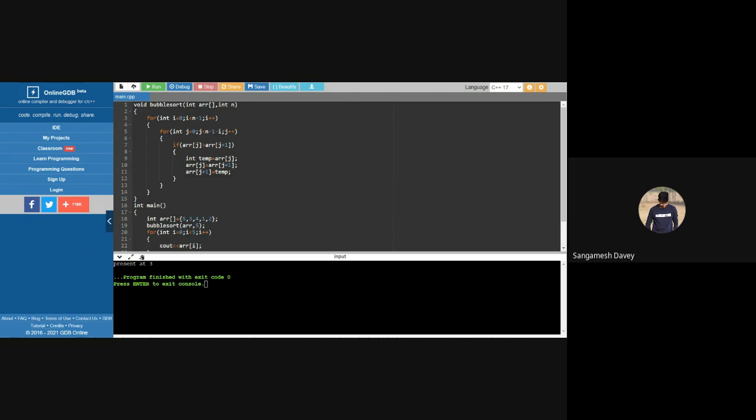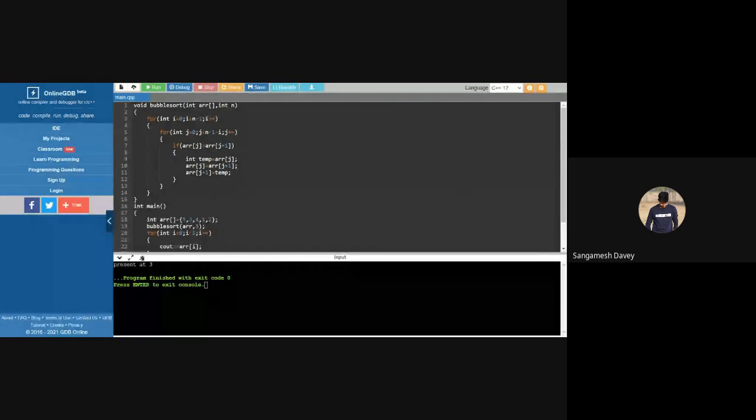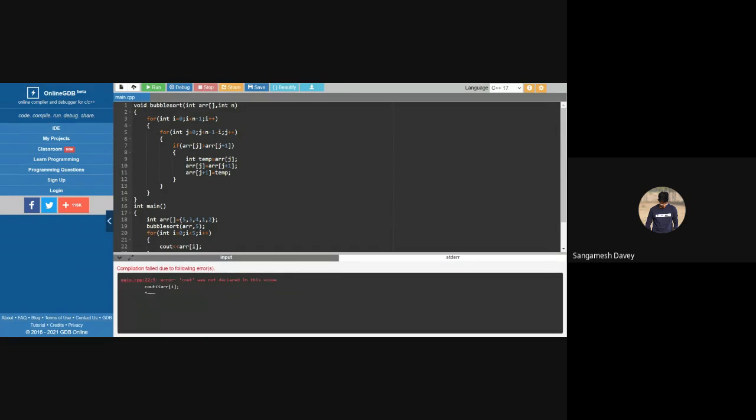After a point, if I don't swap any two elements, the array is sorted. Did everyone get what I'm trying to say? Okay, I'm sorry, I didn't see the chat. So that's the small modification that you can do to bubble sort.